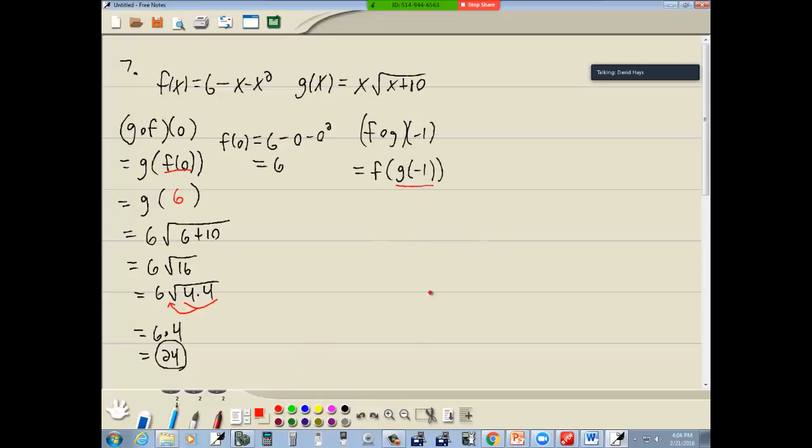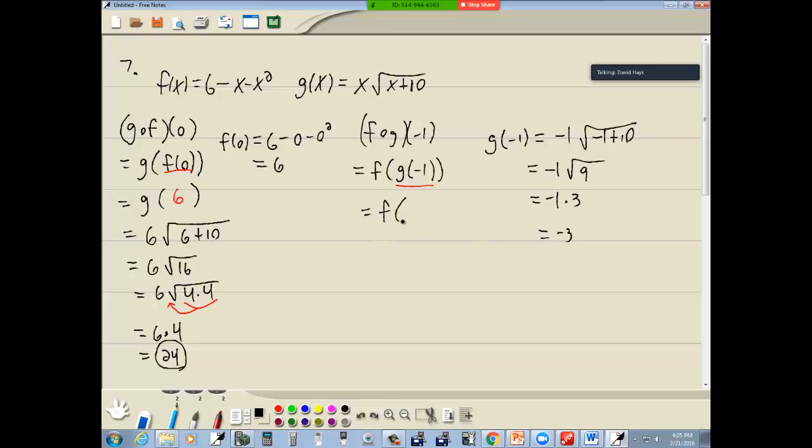And then we work with the inner first. So I'll take a look at the g of -1. I'm going to plug -1 in everywhere I have an x. So I got -1 times the square root of -1 plus 10. -1 plus 10 is 9. And square root of 9 is 3. So that gives us -3.